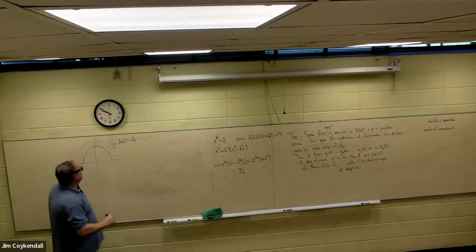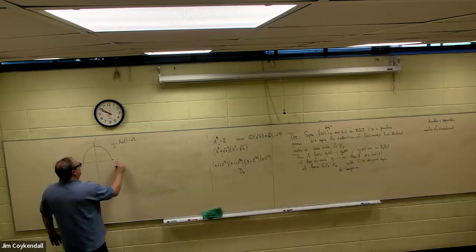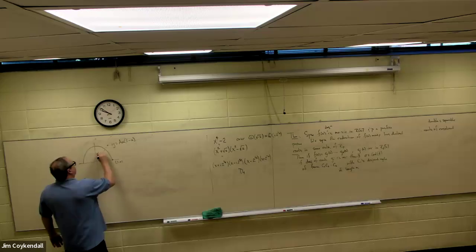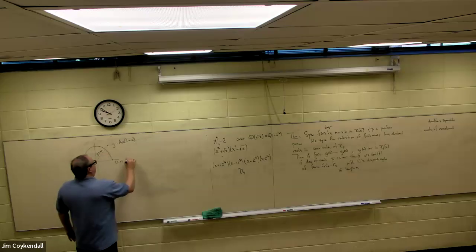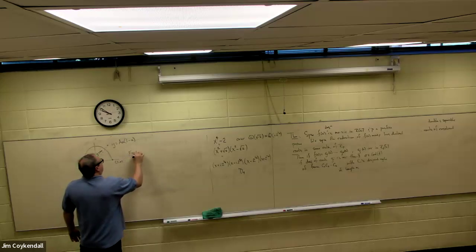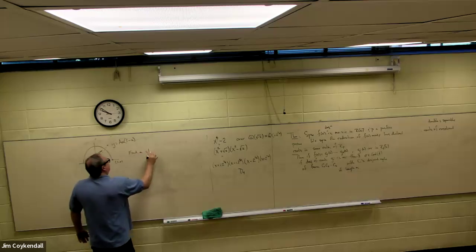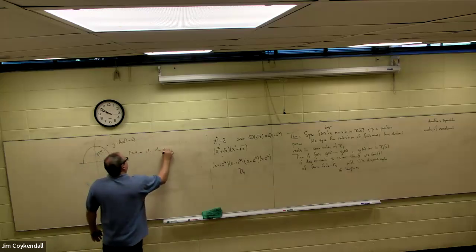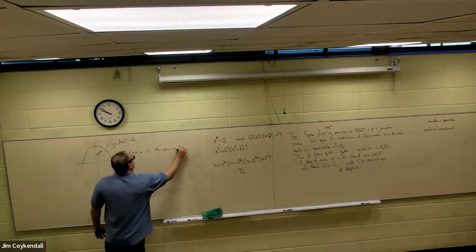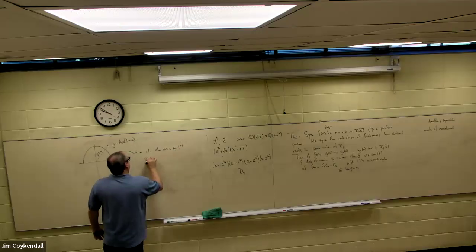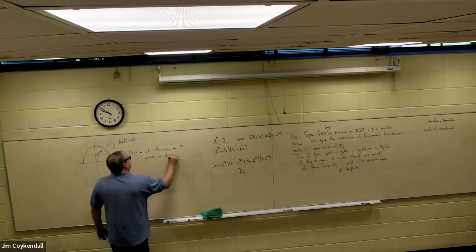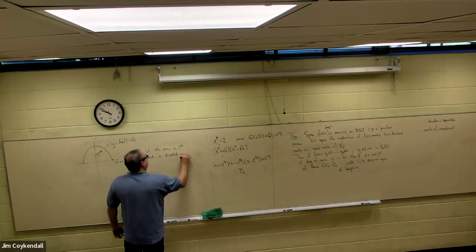I have this parabola, so this is 0, 10, and I asked my calculus class, find m such that the area in the first quadrant is divided into two equal pieces.